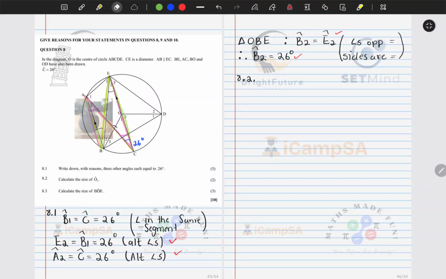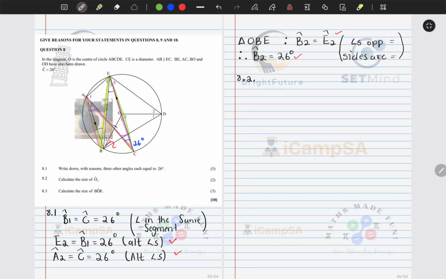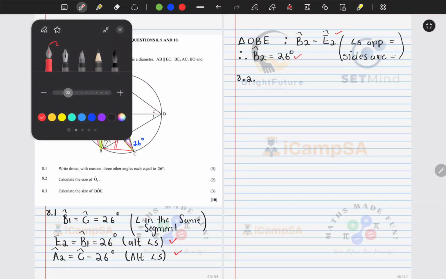What do I mean? Well, if we draw a line here at BC, you will see that this line is looking at the center O1, but looking at the circumference E2.